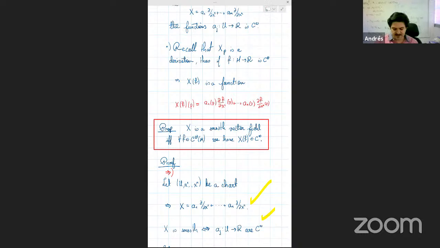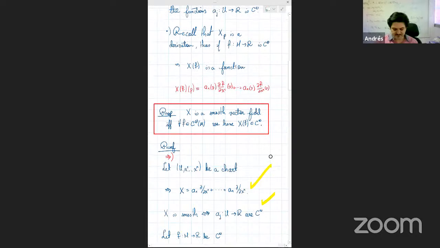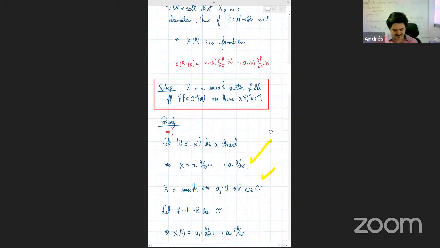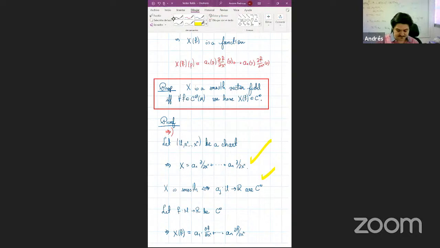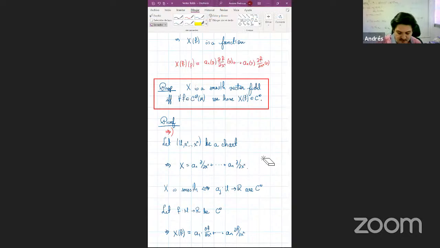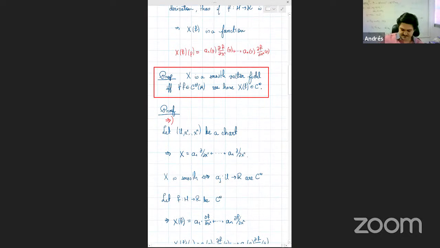Okay, then let's take some smooth function on M, and then at least on U, we have this. So this is only on U, right, because the coordinate chart, the xi, only makes sense on the open set U. Nice.